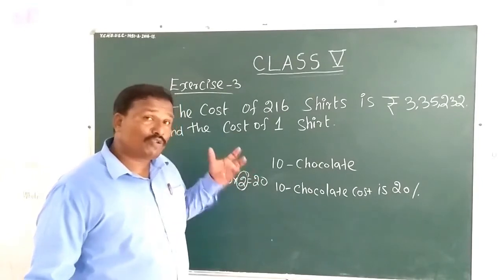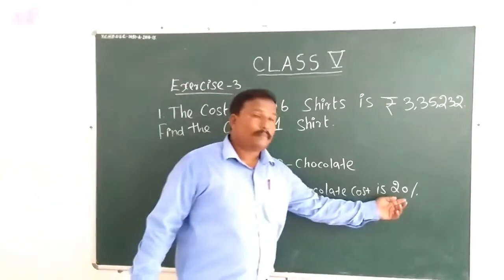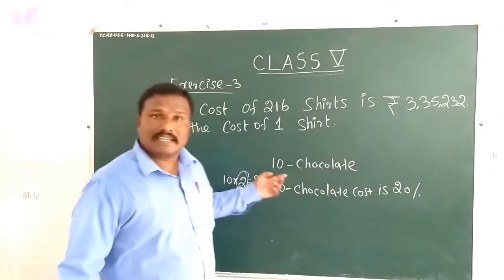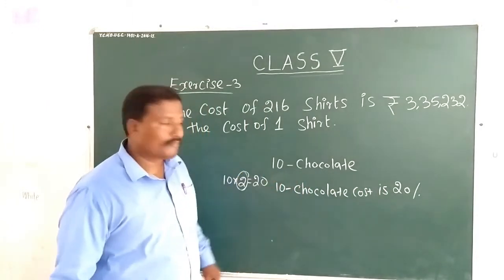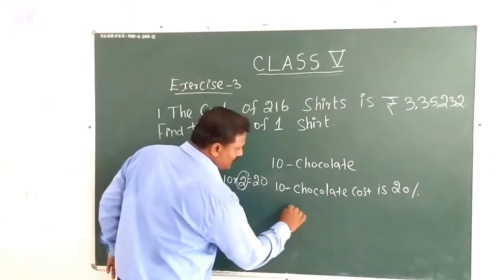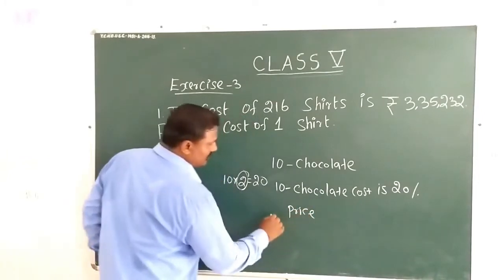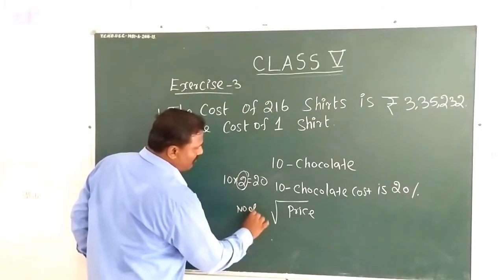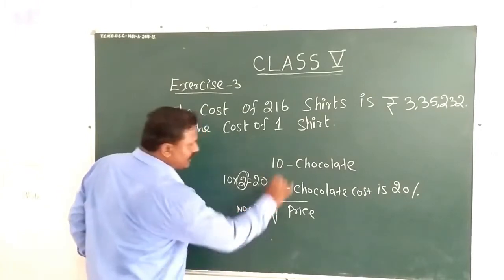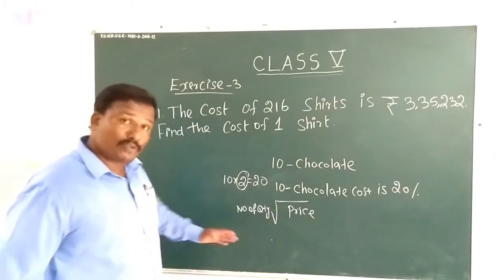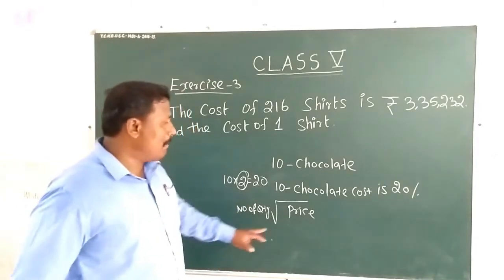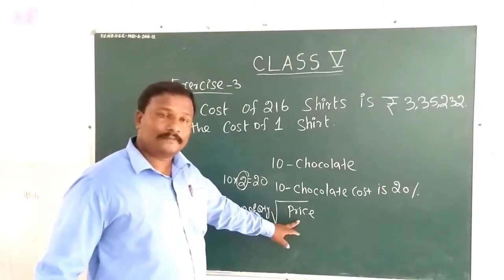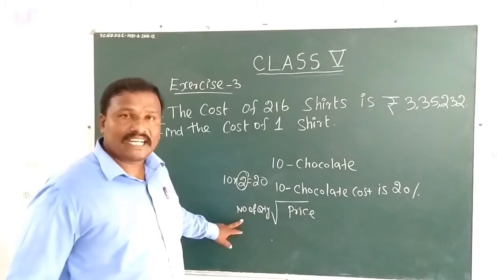They can say like this, but actually we have to divide the price by the number of quantity. So price is the dividend, quantity is the divisor.